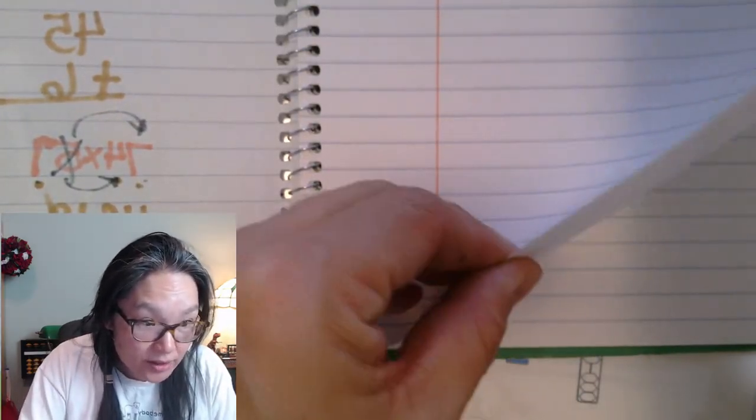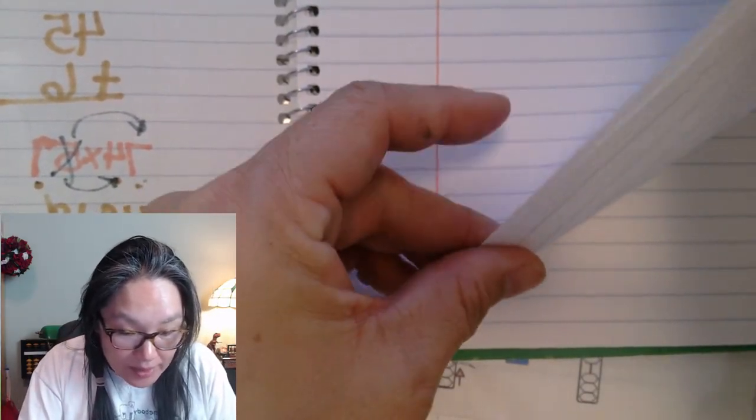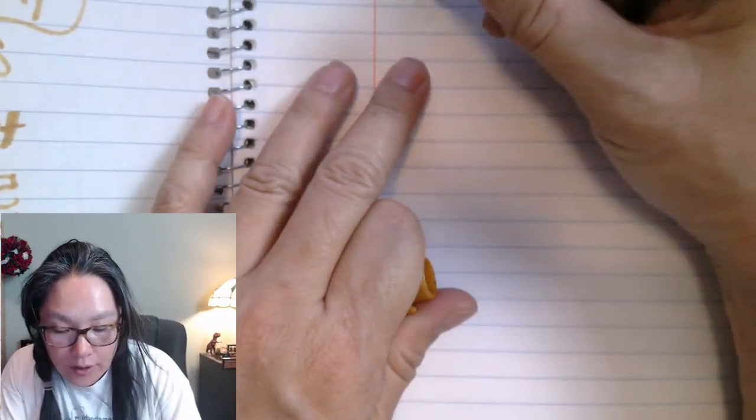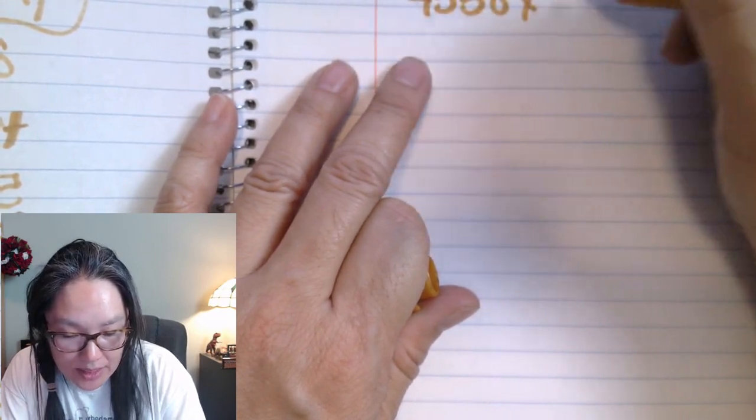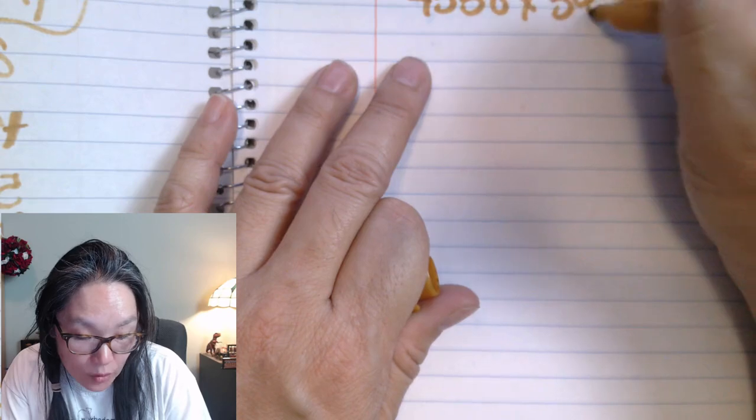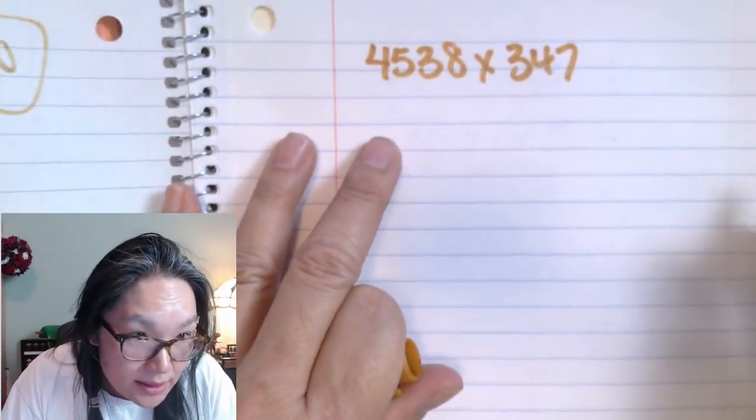That's a lot of digits, right? And on the abacus, you could do it. Let's bring it down a notch. We could do 4 digits. 1, 5, 3, 8. Times that by 3, 4, 7. You could do this, right?